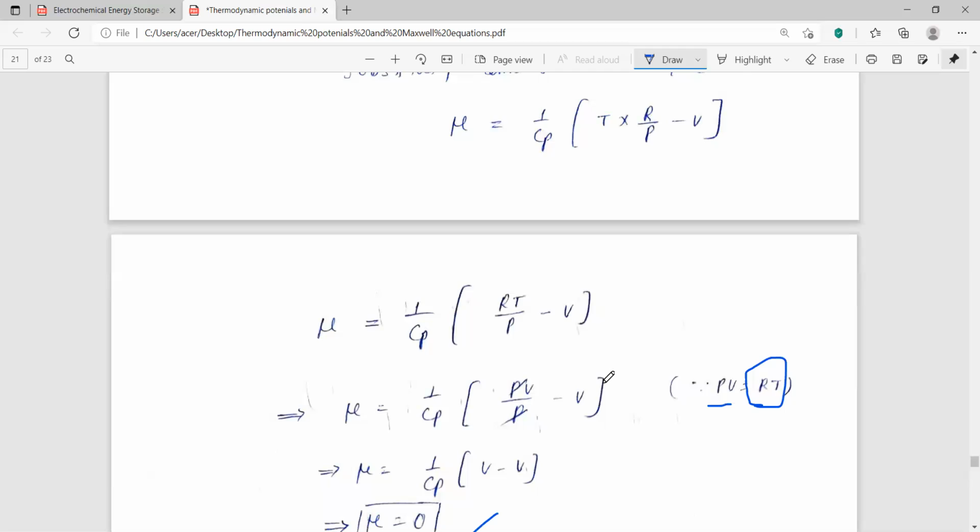If I apply it to a van der Waals gas, you can get three cases. If T is less than Ti, μ becomes positive, that means the cooling effect takes place and the temperature of the gas decreases. If T is greater than Ti, μ becomes negative, that means the temperature of the gas rises. If T equals Ti, then μ equals 0, that means the gas is neither cooling nor heating.